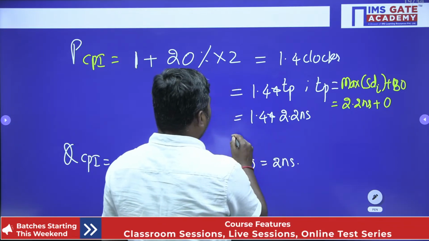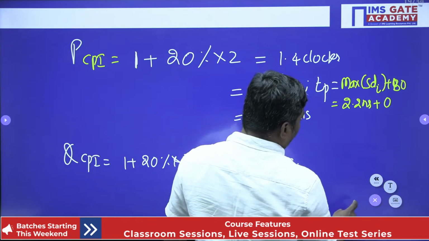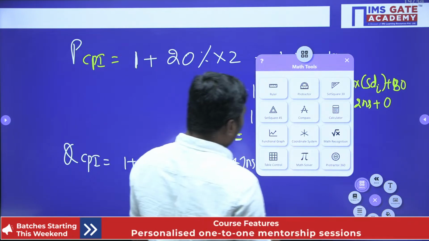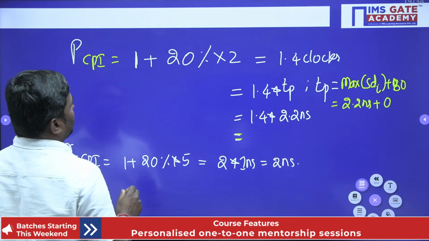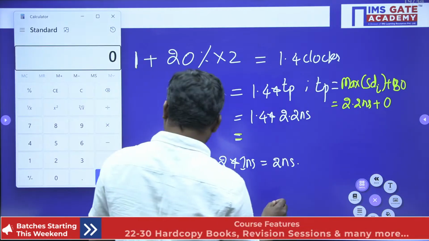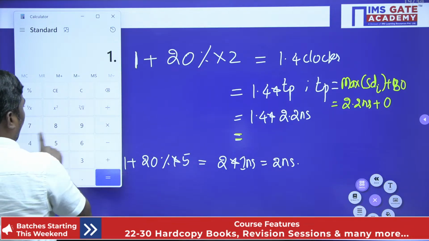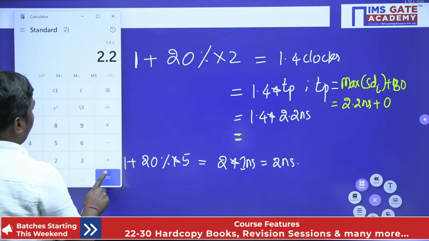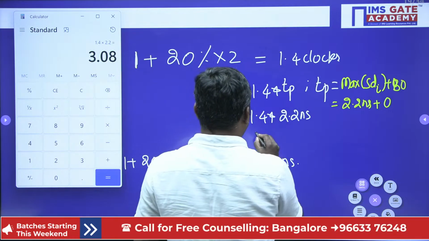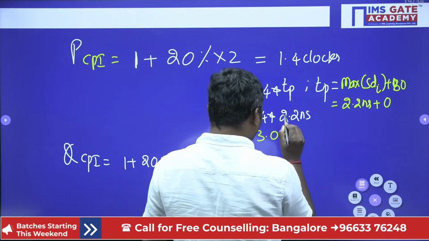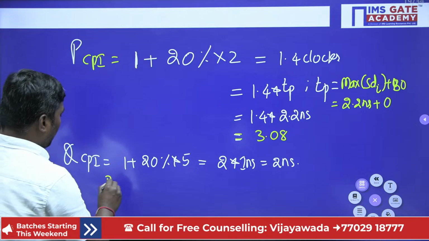So what about this value? 1.4 into 2.2 gives 3.08. Now what are they asking? P by Q value only, right?